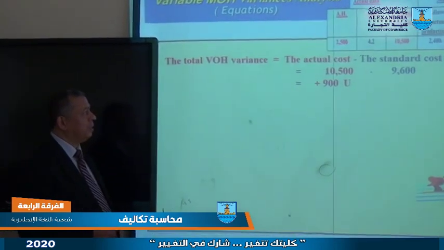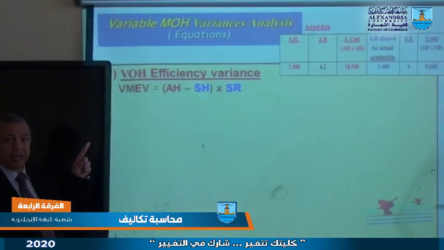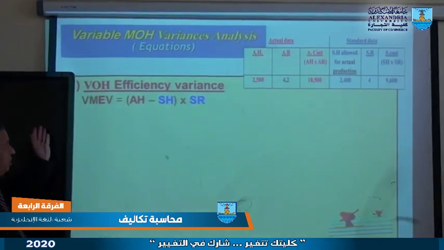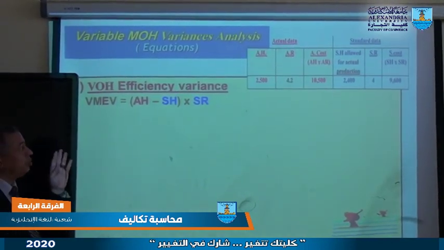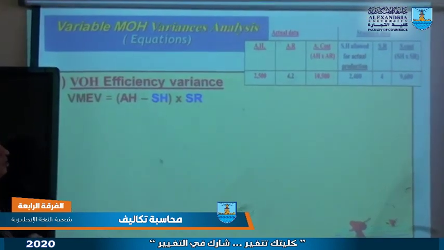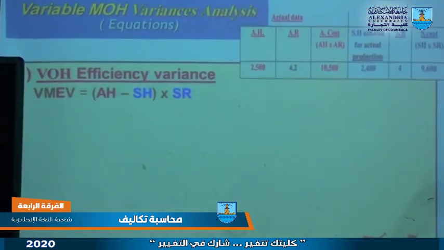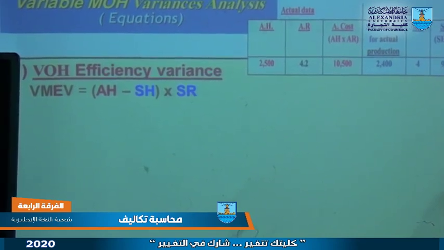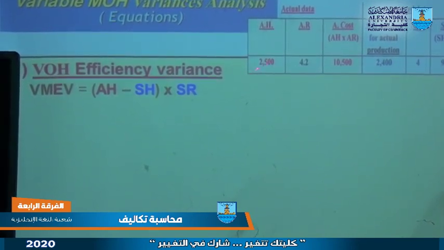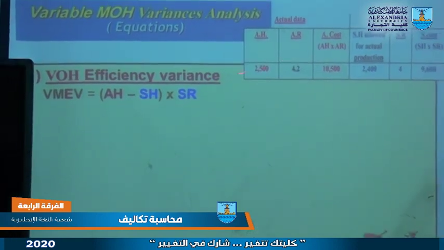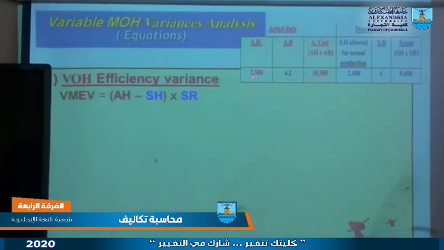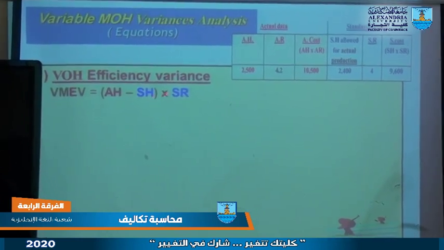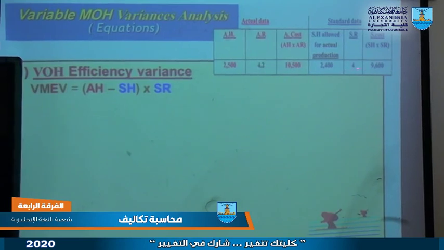The first one is efficiency. How to calculate the efficiency variance? Efficiency variance is the difference between actual hours and standard hours, times standard rate. I need actual hours, 2,500, minus standard hours, 2,400, times the standard rate.